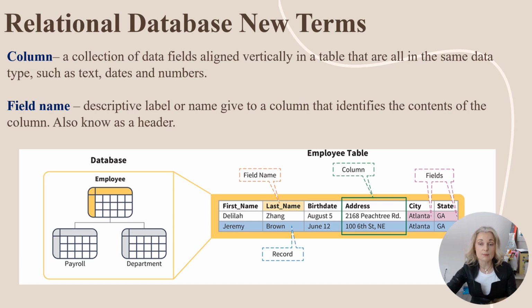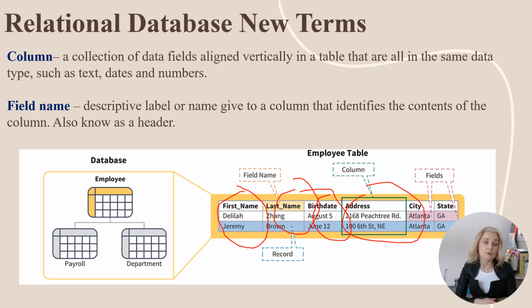So in our example here, we have an address column, a birthday column, a name column, and a first name column. We know that the first names would be text, birth dates would be a combination of text and numerical, address, same thing, combination of text and numerical.